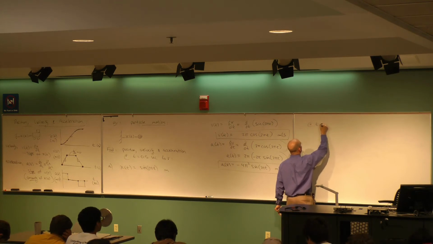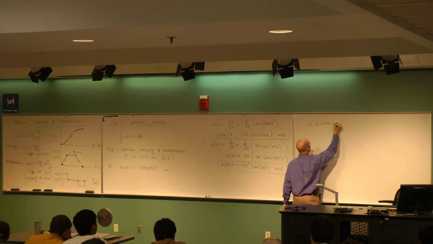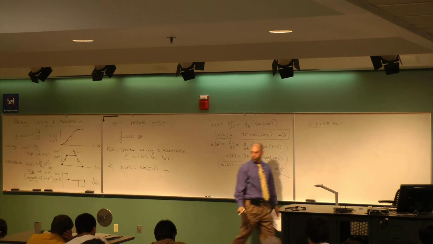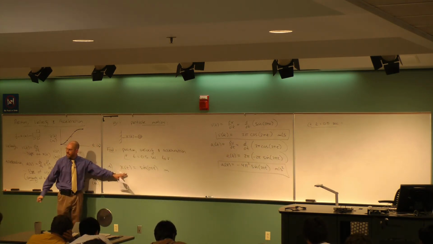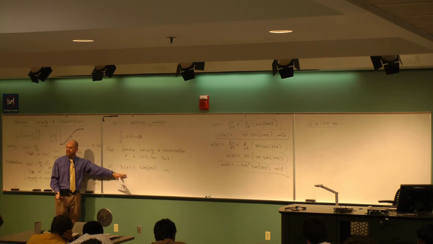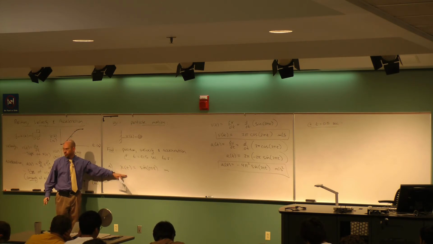So at t equals 0.5 seconds, what do I do with the number 0.5? I plug it in, right? So the point is, when I take these derivatives, I have the answer at every single point in time. If I want a number, I put the point in time in there and see what I get.